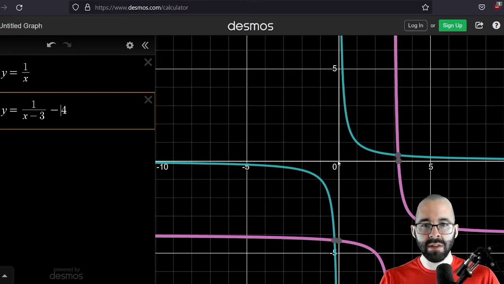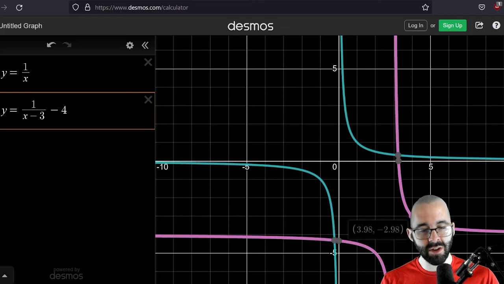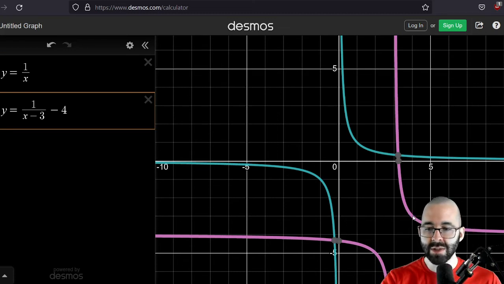So the middle used to be at 0, 0, and now the middle is down here, down 4, right 3. And you can pick some points. 1, 1, down 4, 1, 2, 3, 4, right 3. Still on the graph. So the purple graph just got moved down 4 and right 3, as we wanted to do.